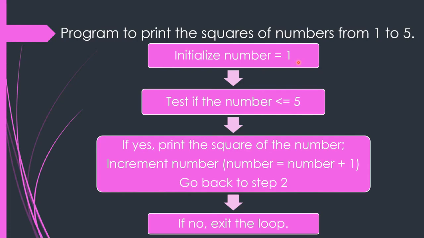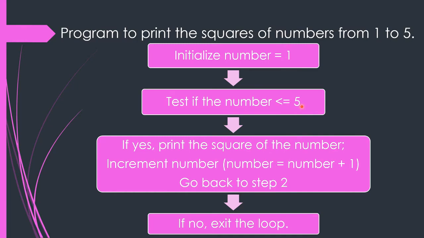In the while statement, initialization is an important step. We have to initialize the specific variable. Here we have taken the variable number and we are going to initialize its value as 1. Then, test if the number is less than or equal to 5.